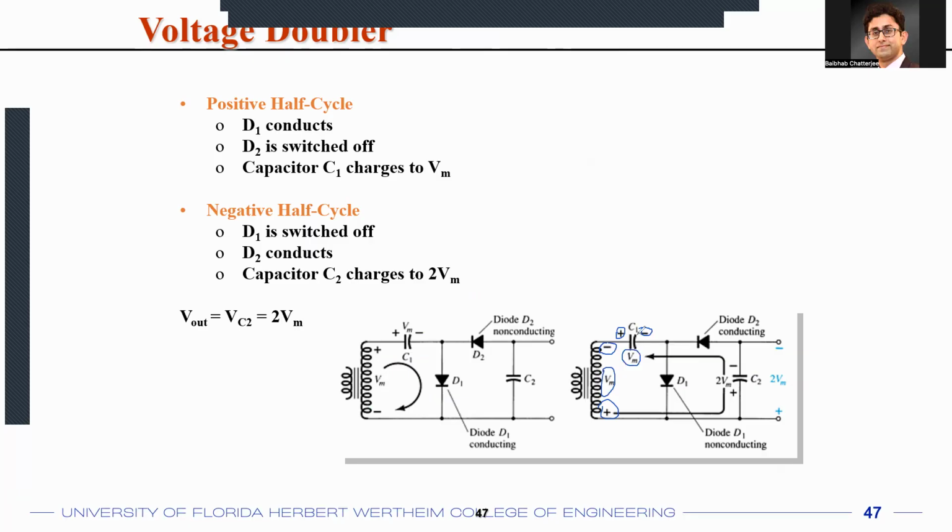So that was the original voltage that you started with in the negative half cycle. So this capacitor C2 is going to see twice the amount of Vm voltage in the negative half cycle. So the capacitor C2 will charge to twice Vm, and the polarity will be, this is going to be plus and the top terminal is going to be minus.